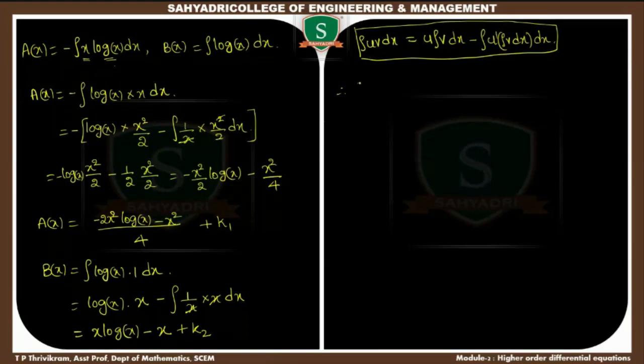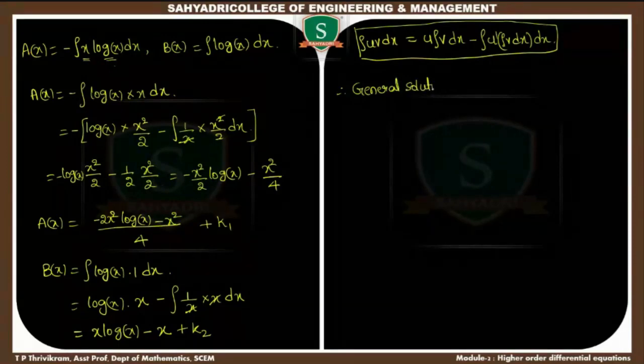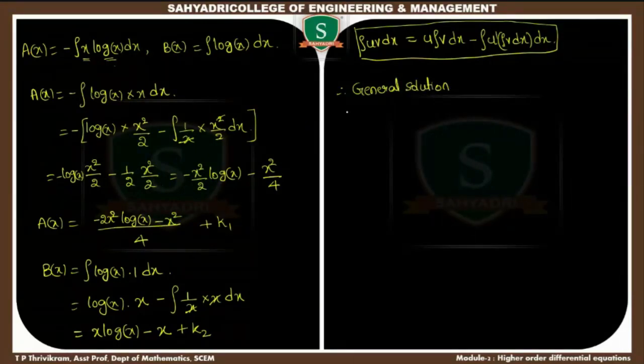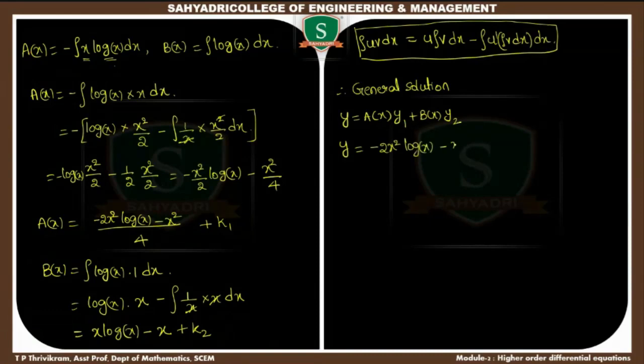So therefore general solution. Okay, y is equal to a of x into y1 plus b of x into y2. Y is equal to a of x, a of x is minus 2x square log x minus x square divided by 4 plus k1, into y1.